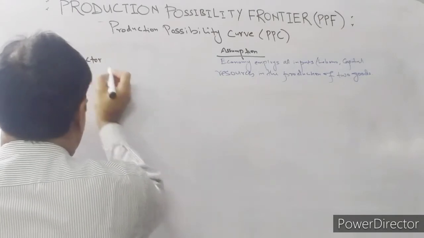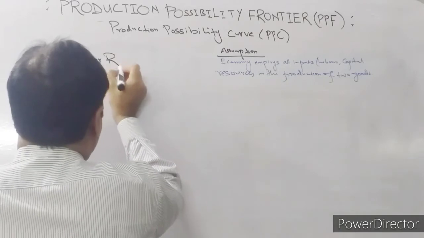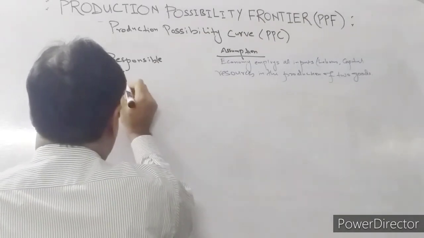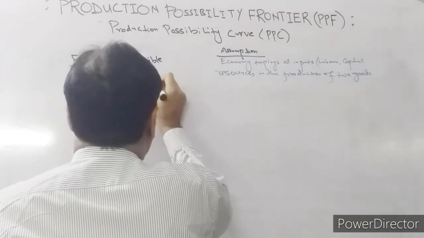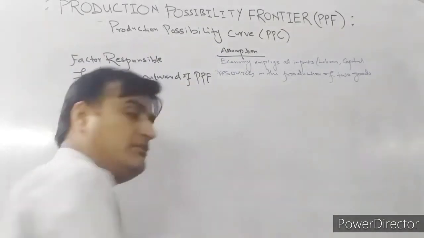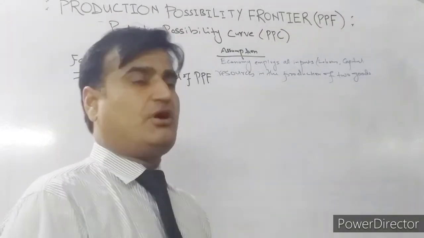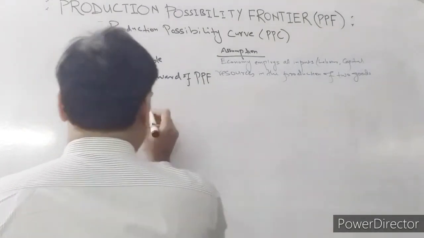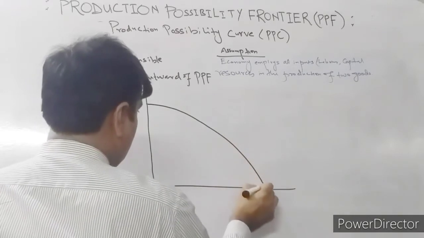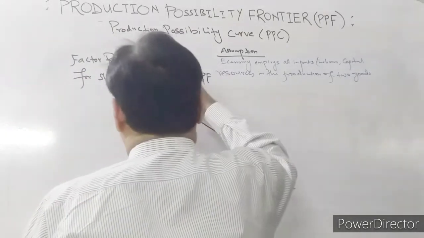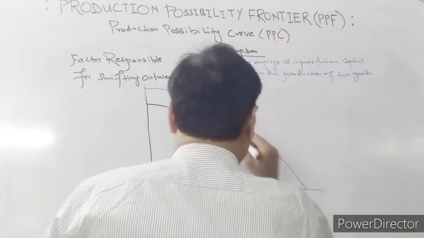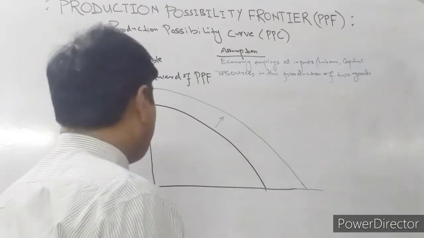What are the factors which are responsible for shifting the PPF outward? If the PPF shifts outward, what are those factors which are responsible?